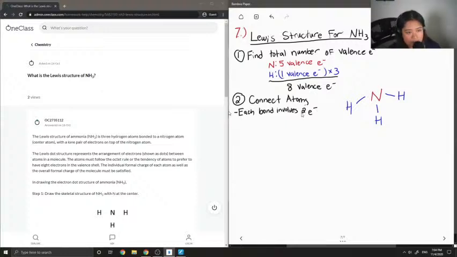So let's look at how many electrons we have drawn so far. So if we count out that there are 3 bonds, that means there are 6 electrons involved.